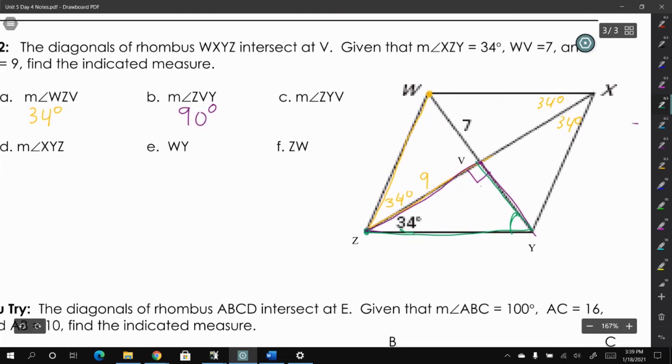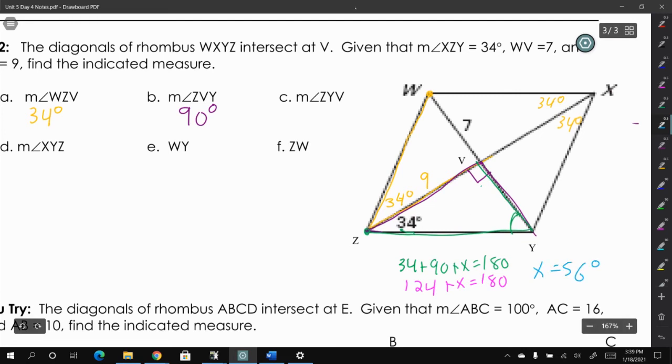We can set that up as 34 plus 90 plus x equals 180. When we combine like terms, we get 124 plus x equals 180. And then when we subtract 124 from both sides, we're going to get 56. So we get 56 degrees.